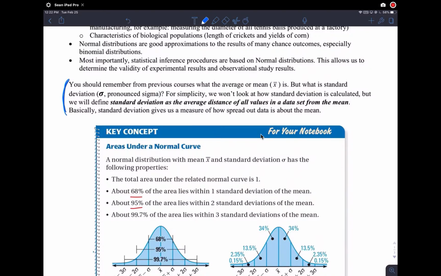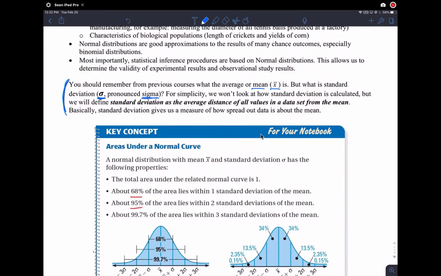So the middle of the distribution, or the mean that you traditionally learned, which is add up a bunch of numbers and divide by how many numbers there are. So what you think of mean is what x bar means, okay? And then standard deviation, we denote it this way, called sigma.